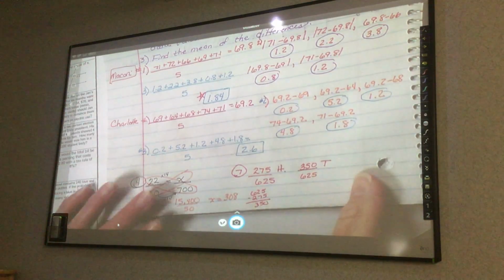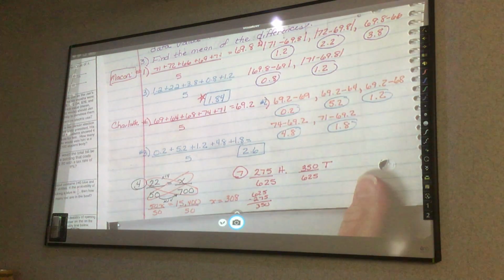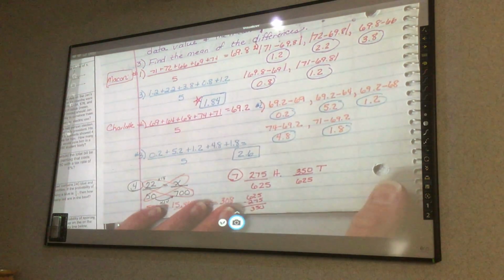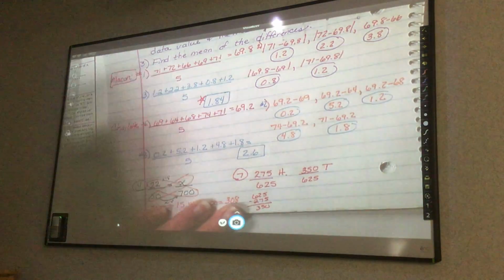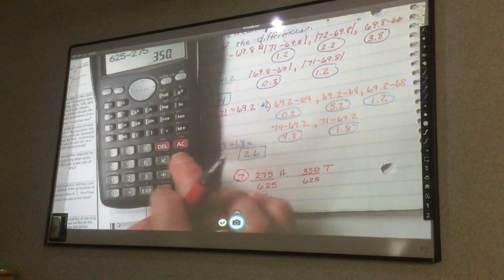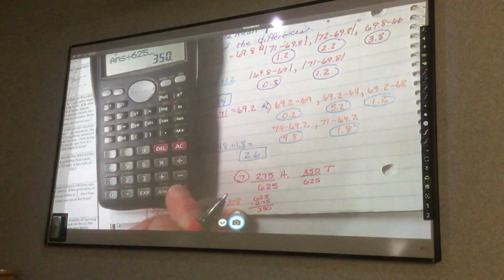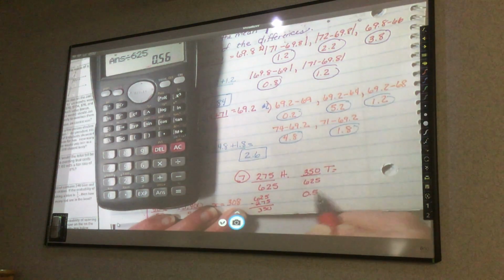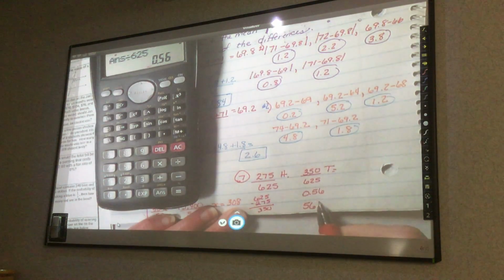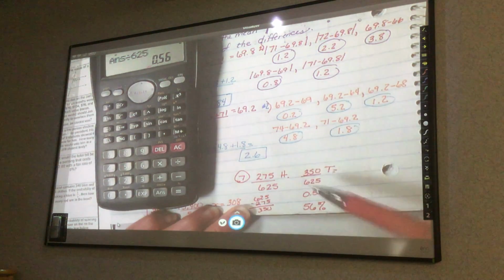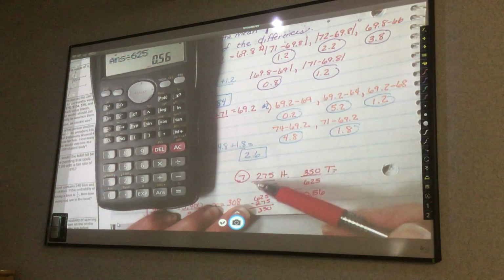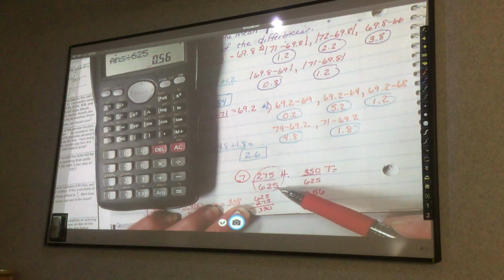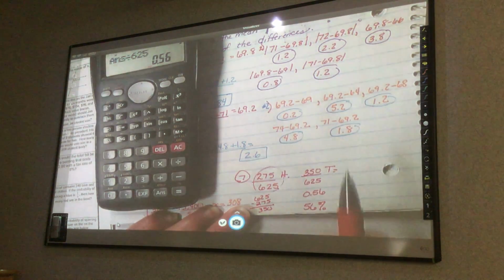So then I did 350 out of 625 is my tails. Now to make that a probability, you don't want to leave it as a fraction, you want to make it into a decimal. So I take 350 divided by 625, which equals 0.56, which then is just 56%. How many of you found this first as a decimal and a percent? You can do that too. That's how I did it.